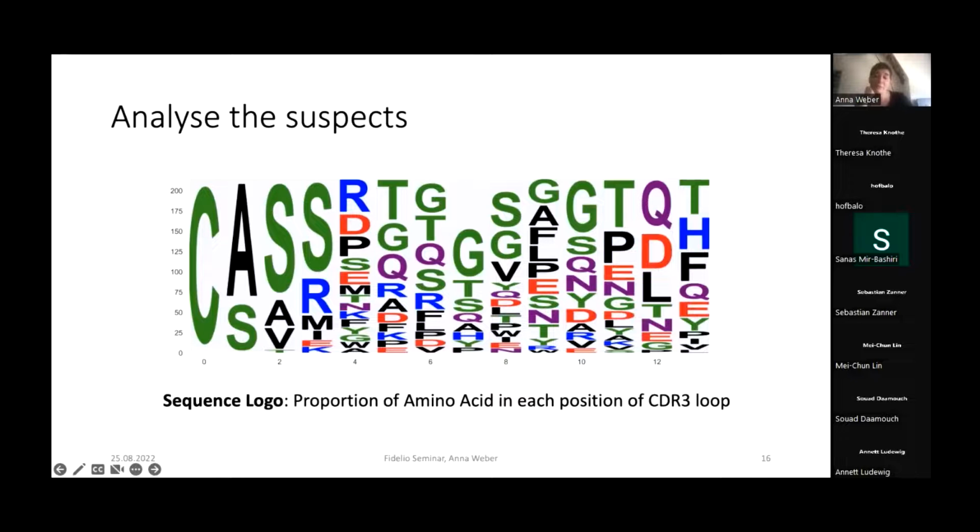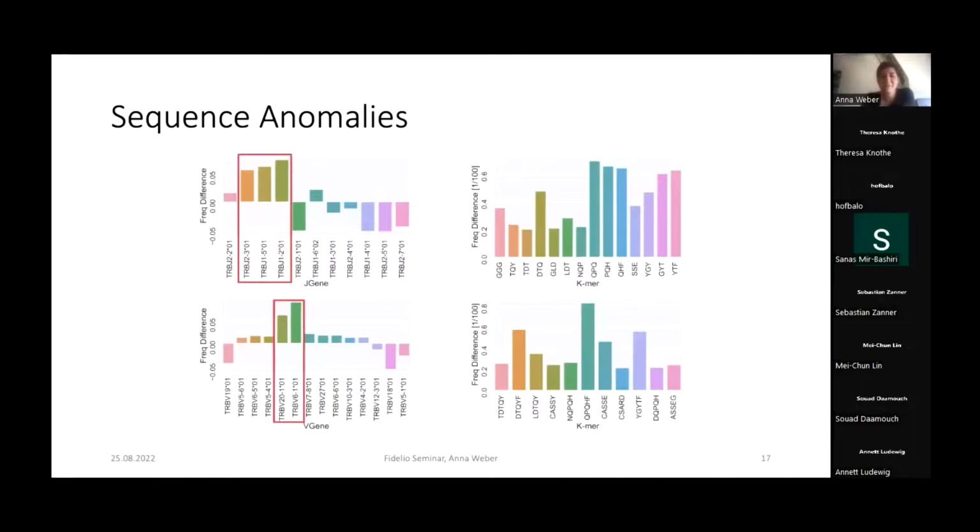But I don't know about you, when I look at this, I don't really see a pattern like this. There's not one pattern across all of these T cell receptors. There might be several groups, but they don't all have the same or very similar binding sequence. So that's interesting, but it also makes it a bit harder for us.